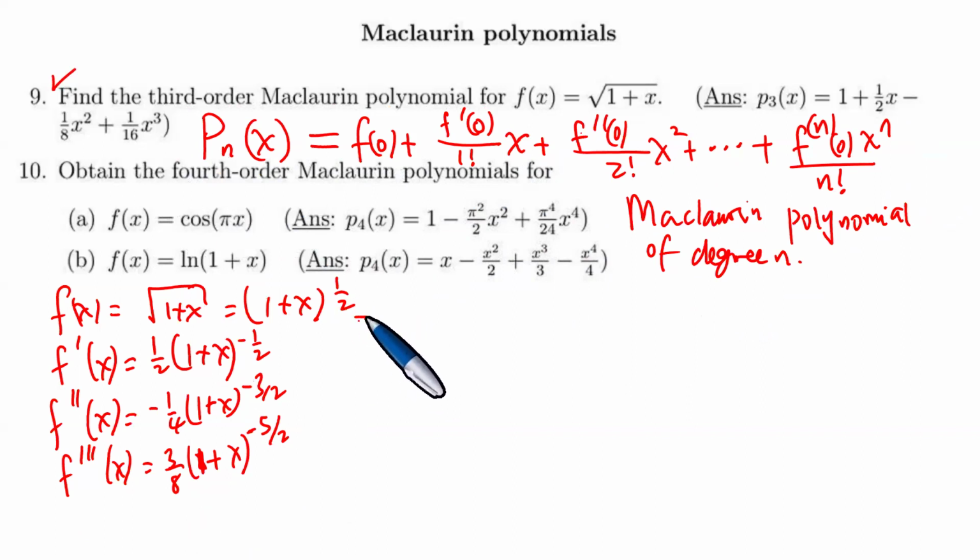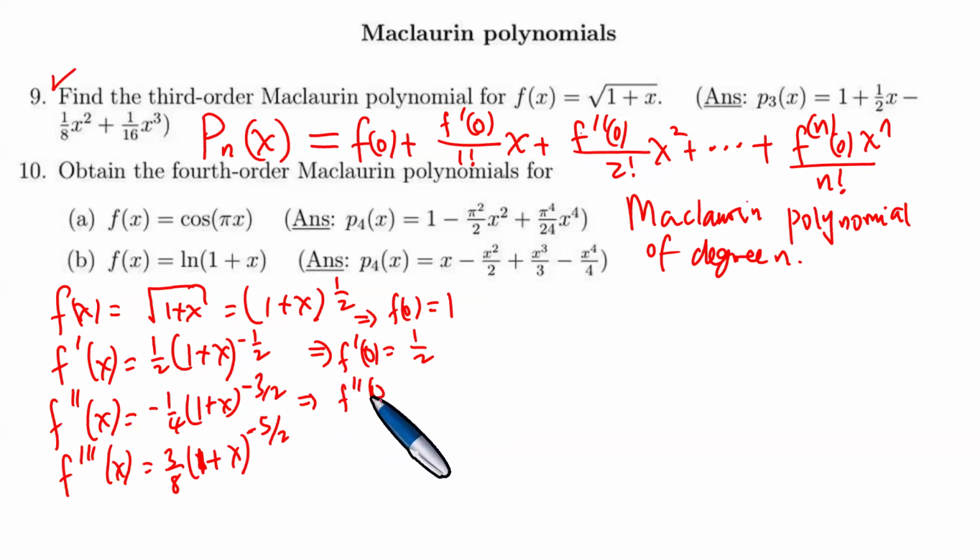Let us find f of 0. What is f of 0? If x is 0 here, it's just going to be 1. F prime of 0, with x is 0, is 1/2.